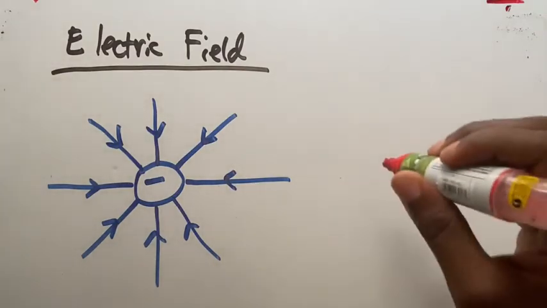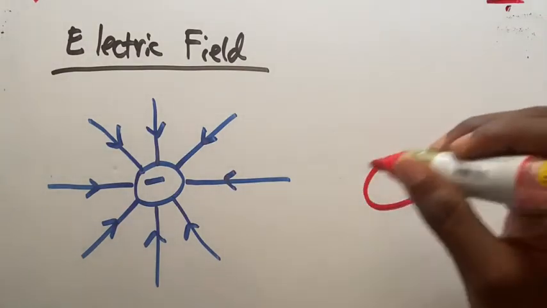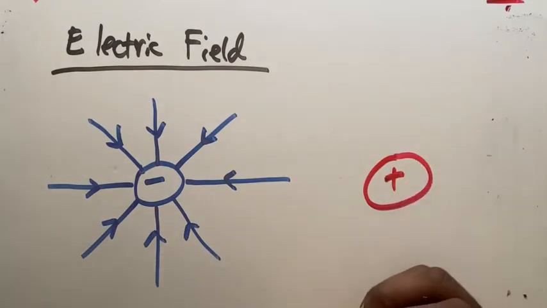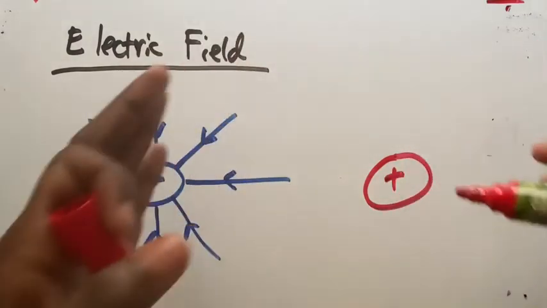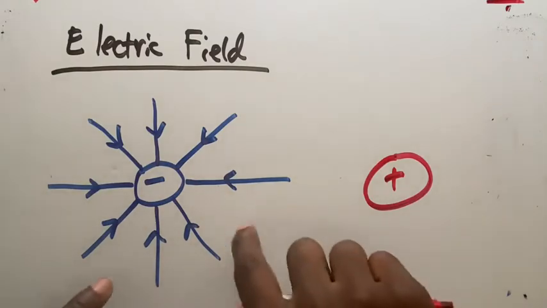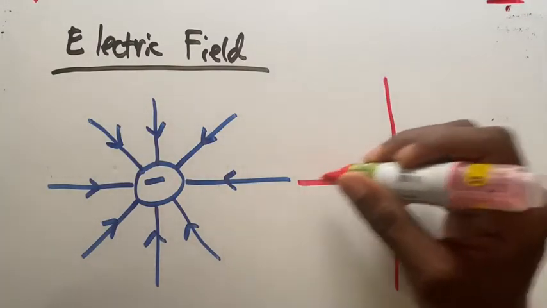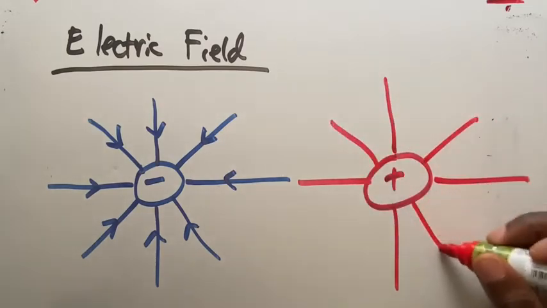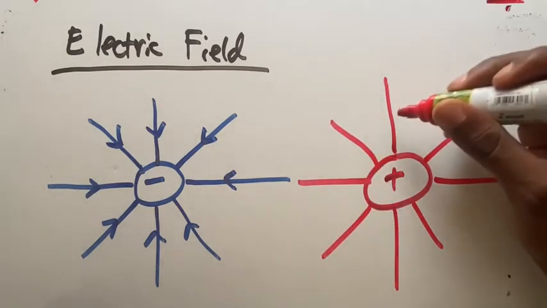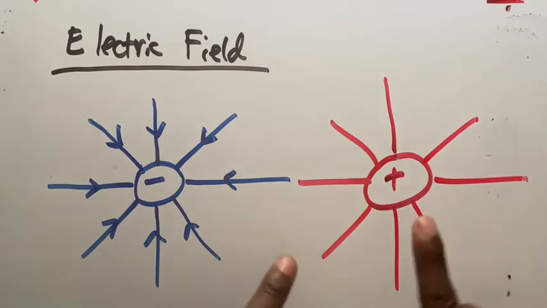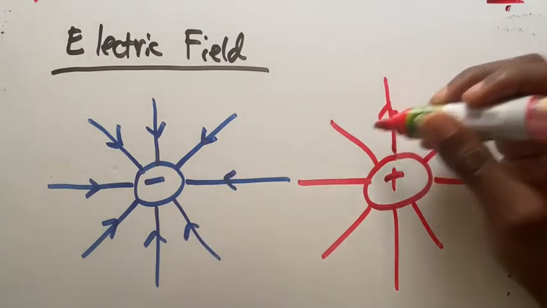And similarly, if we have something that's positively charged, it also has an electric field going in all directions, really similar to this one. And for the positive, the electric field lines are going to point away.